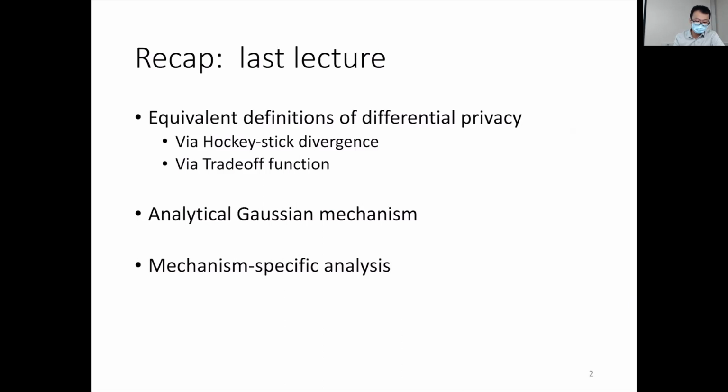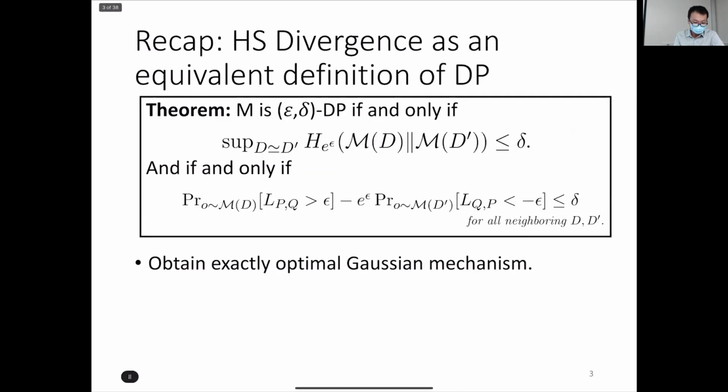Using the hockey stick divergence characterization, we derived what we call the analytic Gaussian mechanism, which precisely describes the epsilon-delta trade-off for every epsilon and delta at the same time. This is one example of so-called mechanism-specific analysis, which we'll spend more effort on in today's lecture.